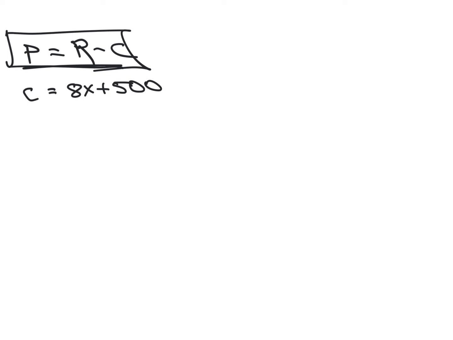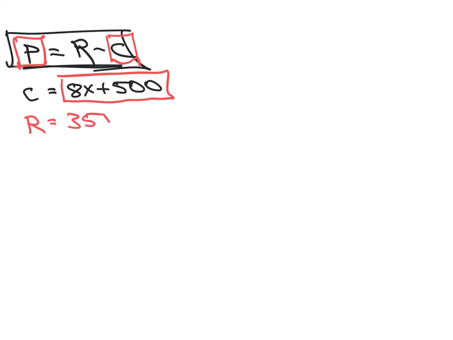So what are we looking for? We're looking for the profit. We found C because C is this information right here. Find the weekly profit if the total revenue, now we're going to find the formula for the revenue, is 35x minus 0.1x squared. Again, you don't have to understand where that formula came from, just that we have it. R equals this.